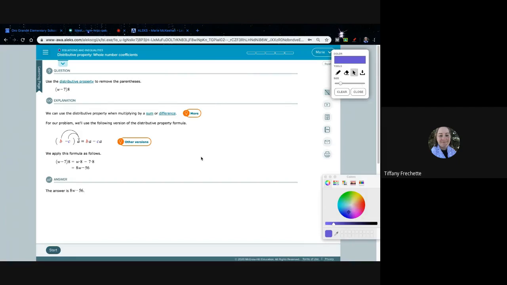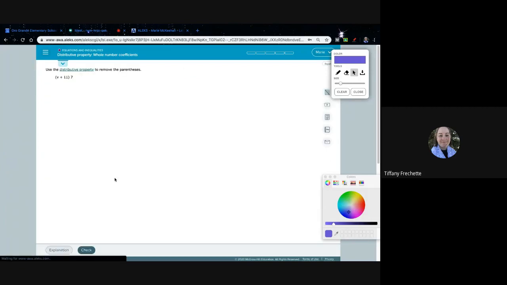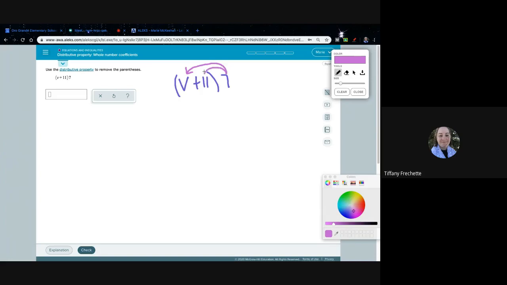All right, so let's go ahead and start this. Okay, so we have V plus 11, and then that's times 7. All right, so let's go with pink here. So remember, we're going to distribute it like this, and distribute means multiply. So we have 7 times V, it's 7V.